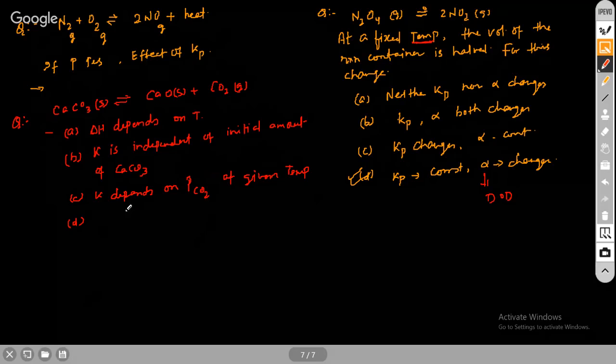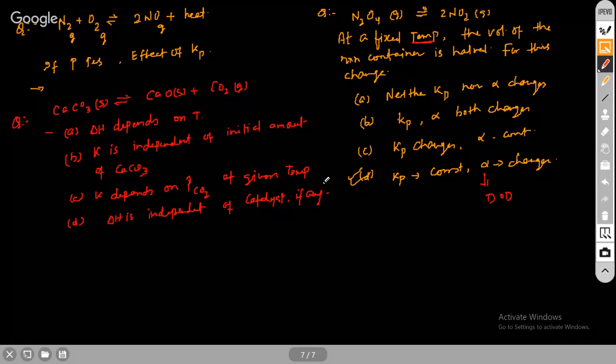D, del H is independent of catalyst, if it is present. The answer is B, C, and D. B, C.